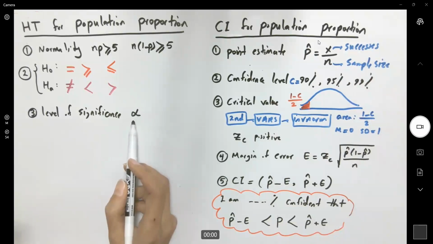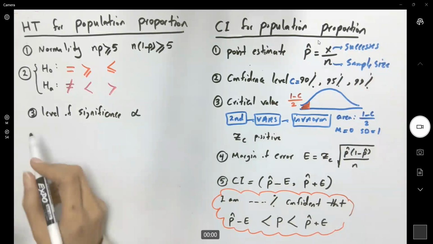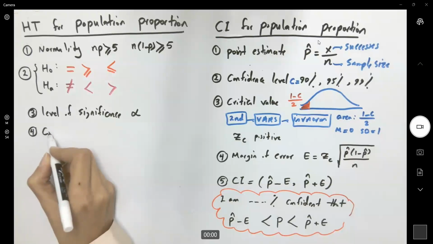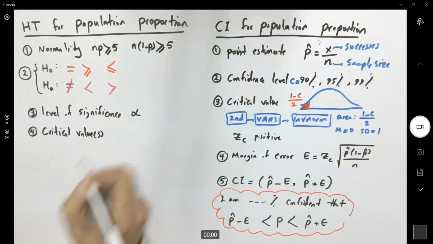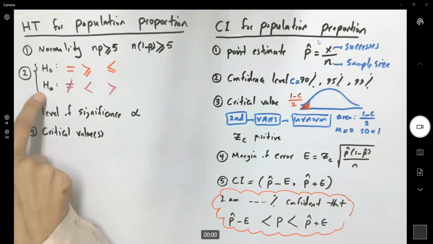After identifying alpha, or level of significance, in the next step, we need to find the critical value or critical values. But how do we identify critical values? That depends on the behavior of our alternative hypothesis.